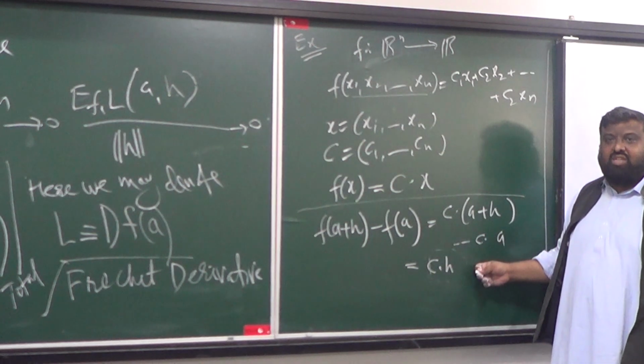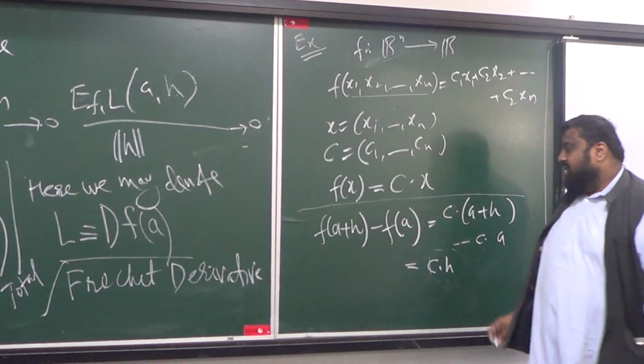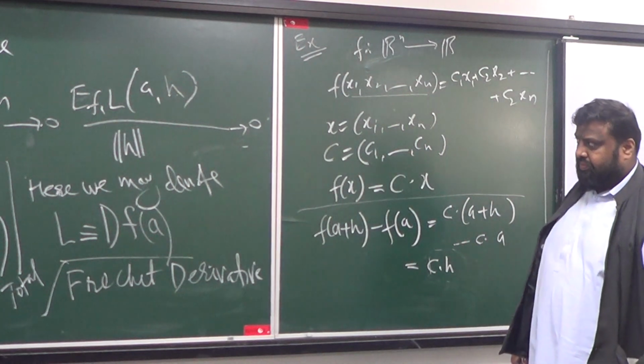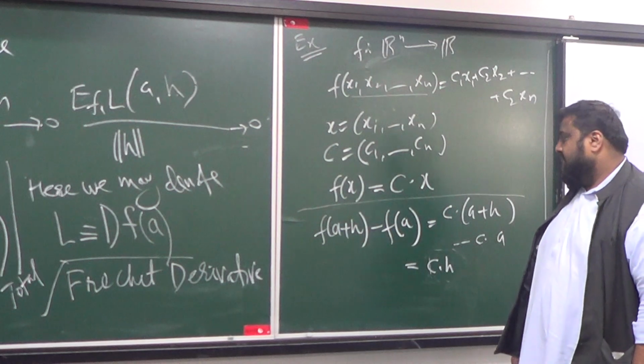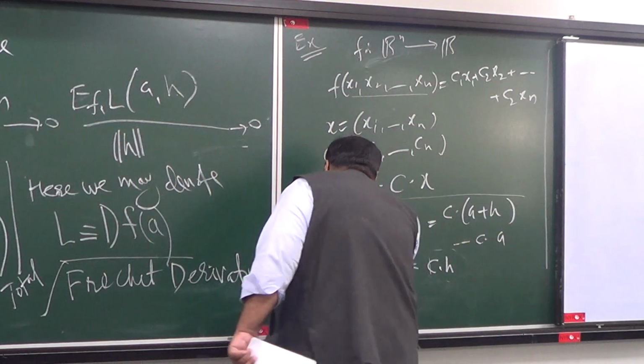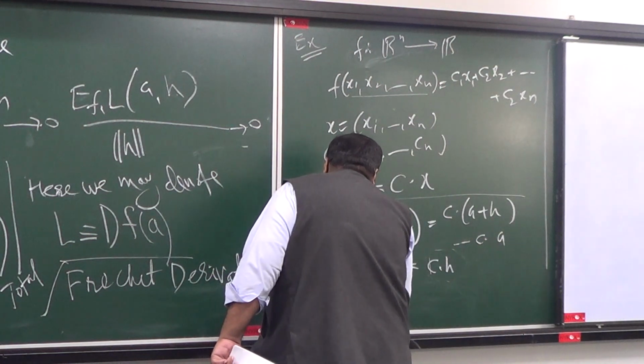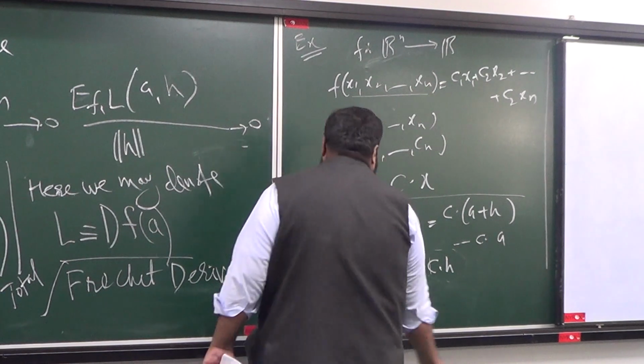And what is the error? Zero. So the error is 0. So I need to take f of a plus h.